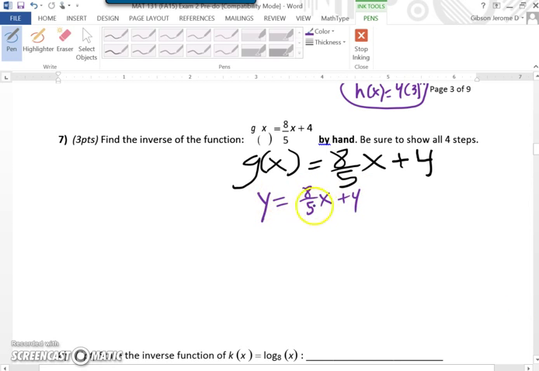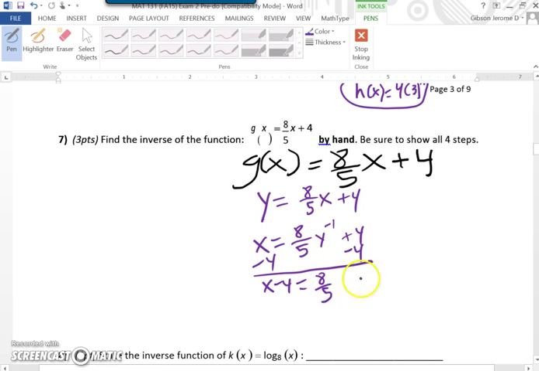And then I will exchange these two. So y would become x, and x would become y inverse. Now we just need to get the inverse by itself. So we will subtract 4 on both sides. x minus 4 is equal to 8/5 times the inverse of y. So we'll multiply each side by the reciprocal, which is 5/8.